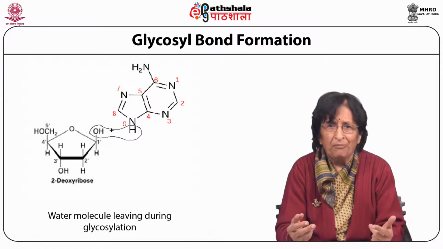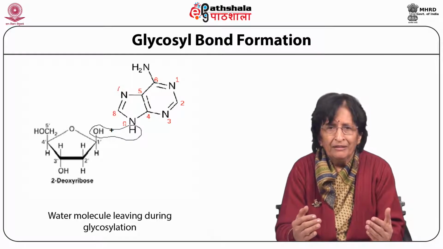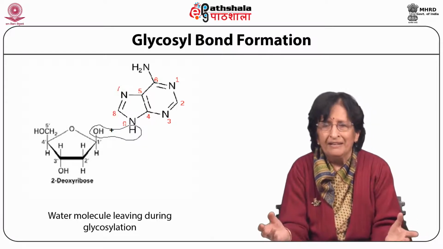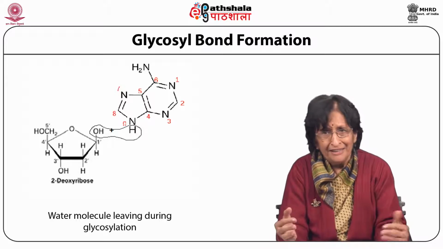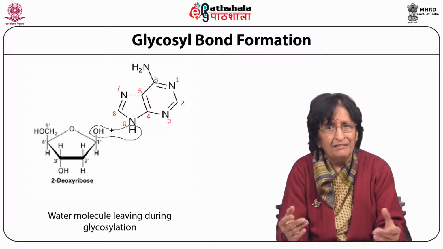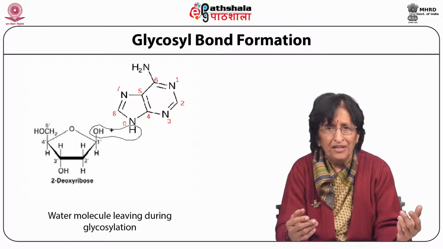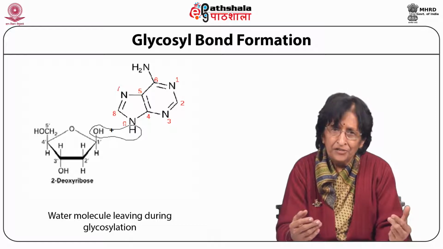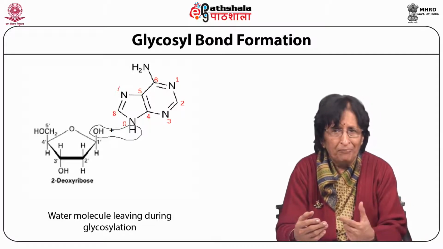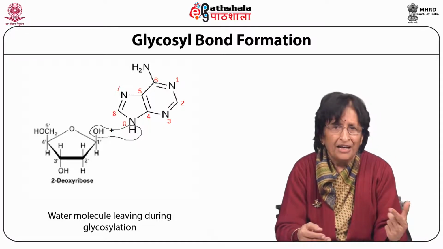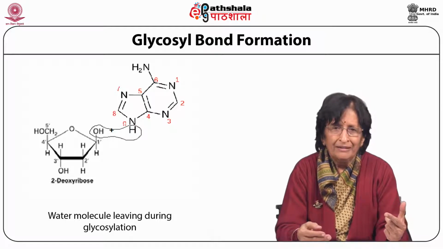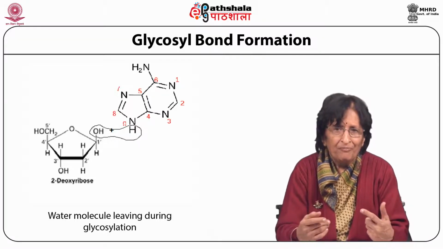What is a glycosyl bond? The DNA polymer is built by attaching those DNA bases, adenine, guanine, thymine, cytosine, or in case of RNA, it is uracil. These are attached to the sugar phosphate backbone through a glycosyl bond. How is the bond formed?